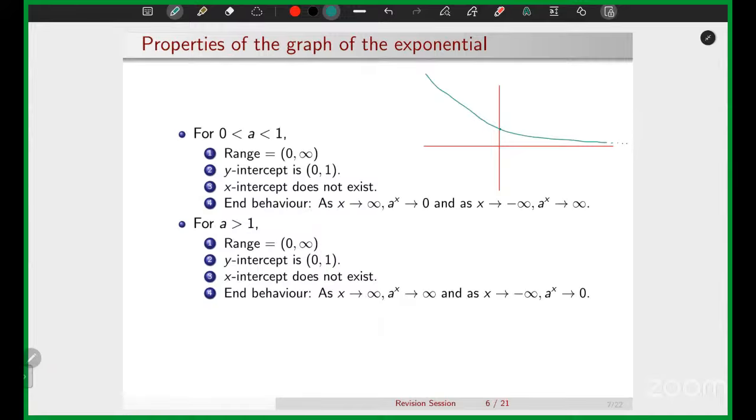It never reaches 0, but it tends to 0 as we increase the value of x. The other thing that you can say is that it's a decreasing function. What is the difference when I consider a greater than 1?